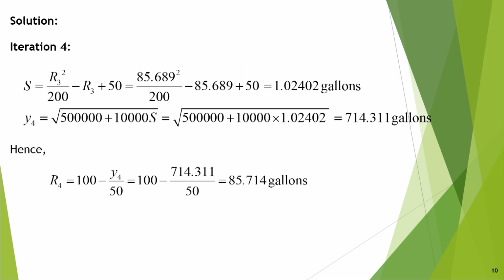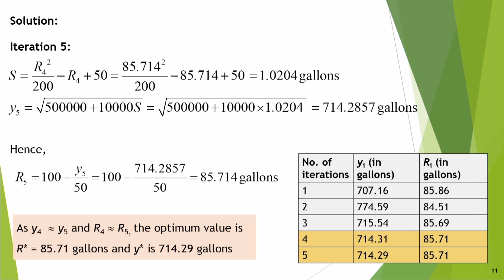We go to iteration 4 and do the same thing, and you keep getting y4 and r4. In iteration 4, the latest value of r4 from the previous iteration is taken and put there, then you get y5, you take the latest value and therefore r5 is equal to this much.